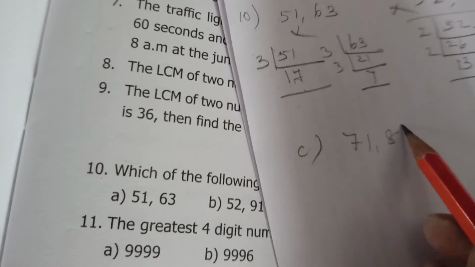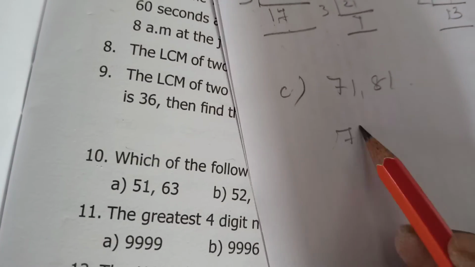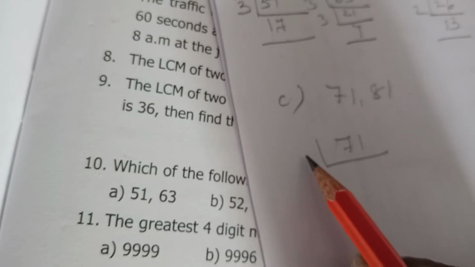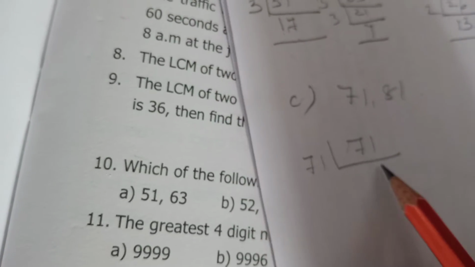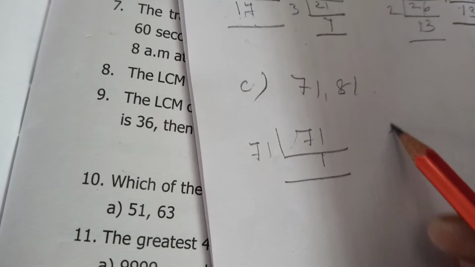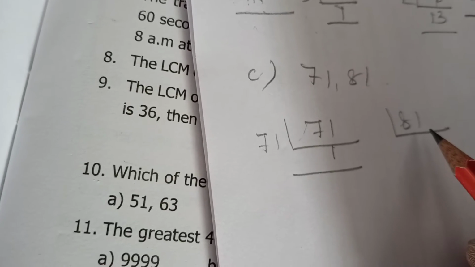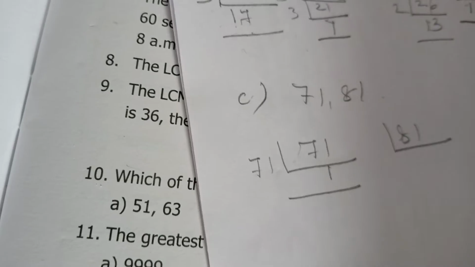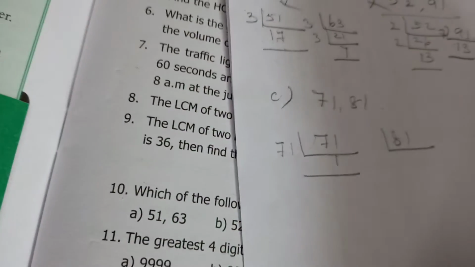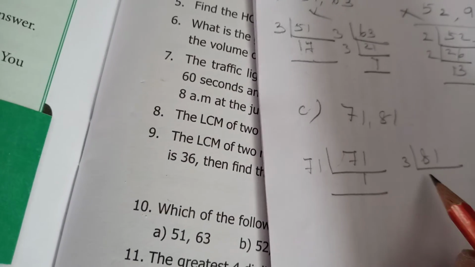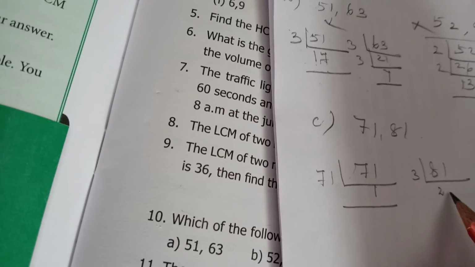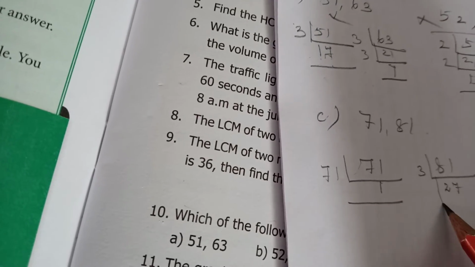Now C option what they have given is 71 and 81. So 71 when we take it, only 71 ones are 71. 81 when we take it also same way. When we take 3, 2 3s are 6, 7 3s are 21.